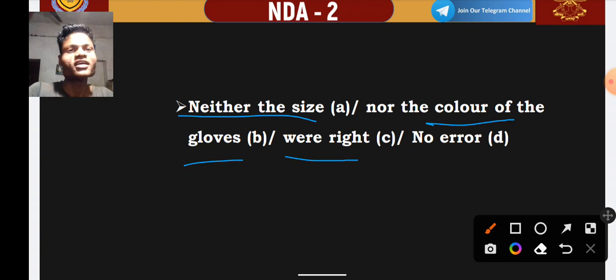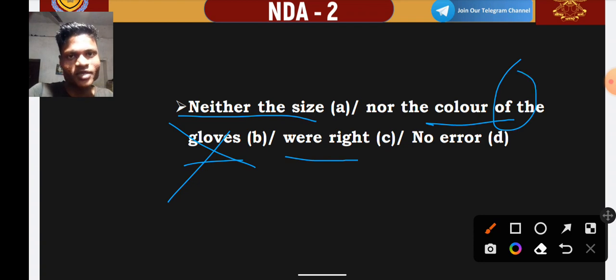Gloves is not going to be your subject, because of is used, and after a preposition the possibility of using a subject is absolutely 0%. So gloves is not your subject.